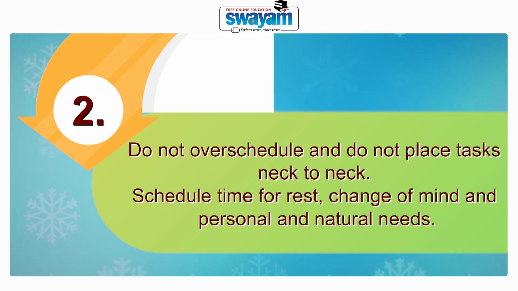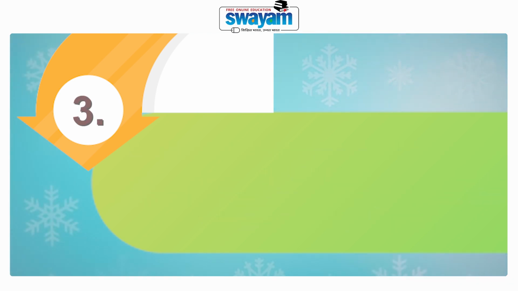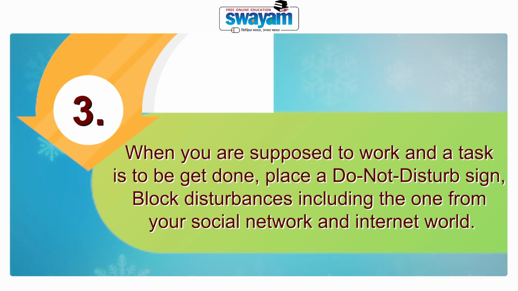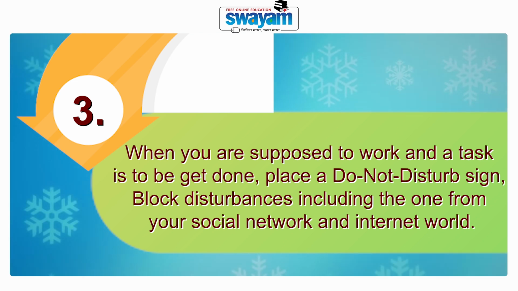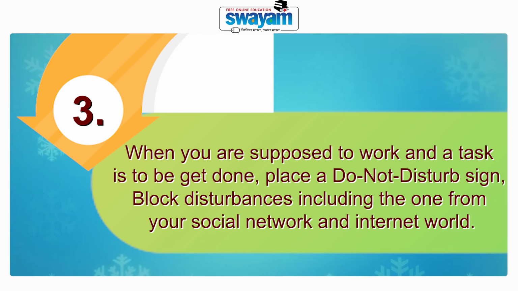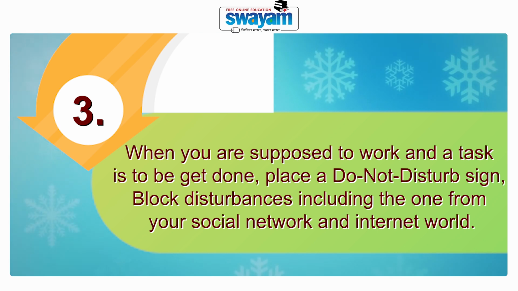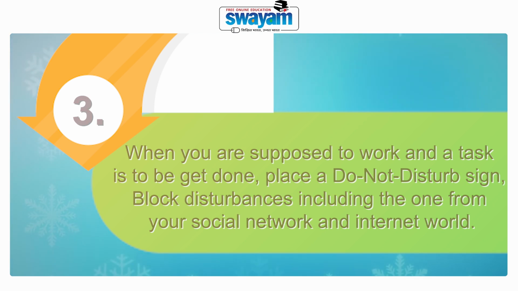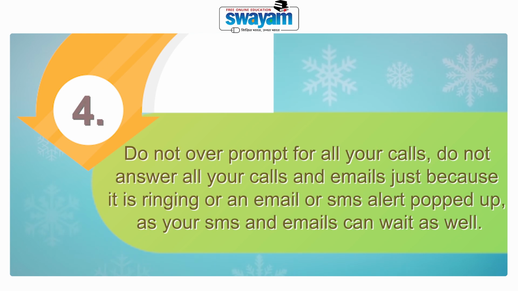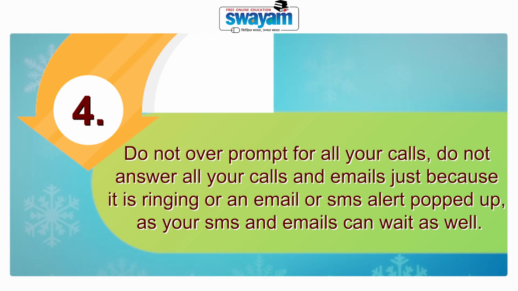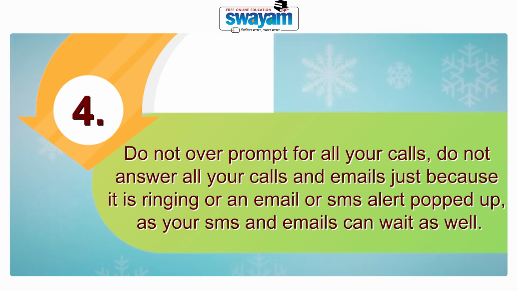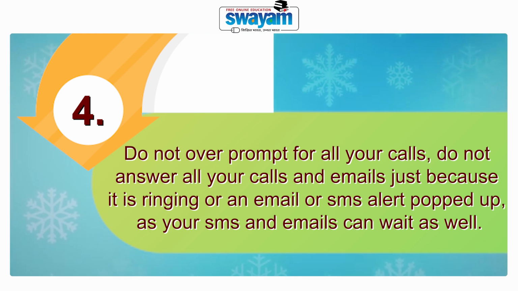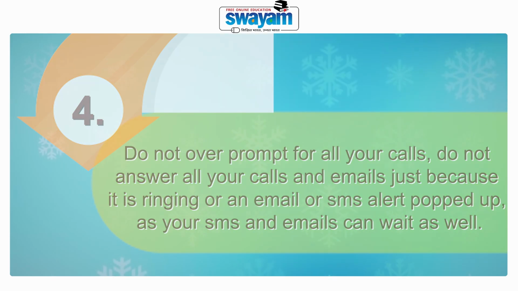Schedule time for rest, change of mind, and personal and natural needs. Number three is when you are supposed to work and a task is to get done, place a do not disturb sign, block disturbance, including the one from your social network and internet world. Do not overprompt for all your calls. Do not answer all your calls and emails just because it is ringing or an email or SMS alert popped up, as your SMS and emails can wait as well.